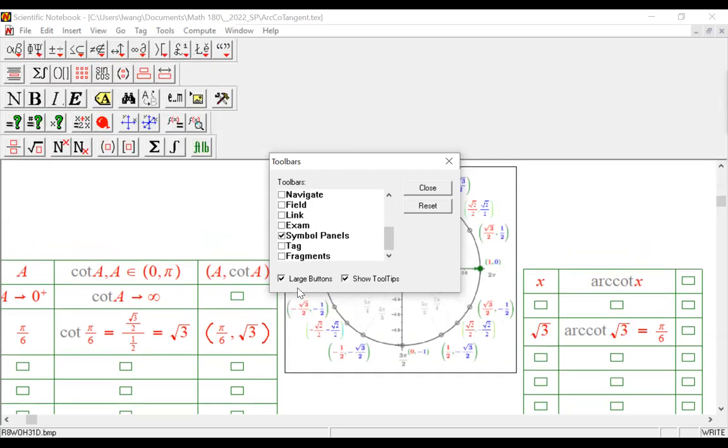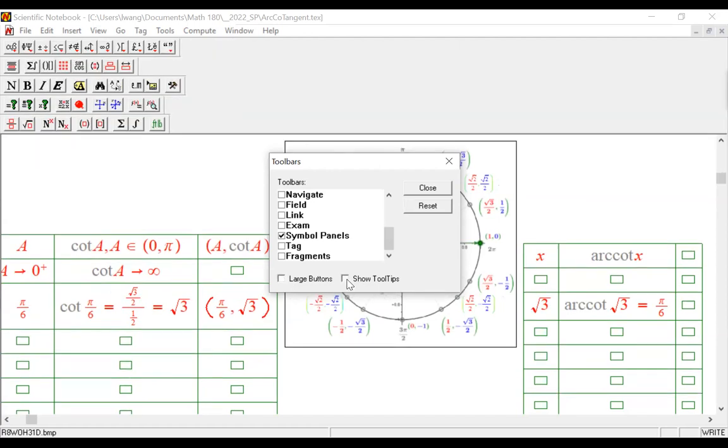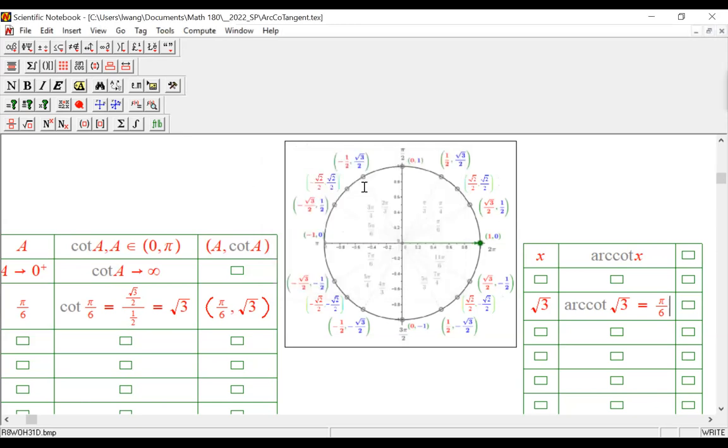Orange button. No, show tips. All right, no big deal. I can still work it out. Let's see if I'm in the share. Okay, I'm in the share.